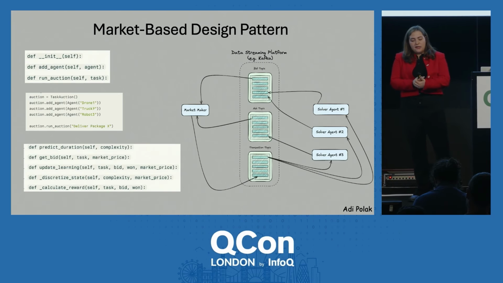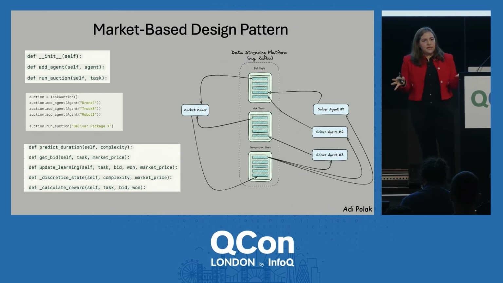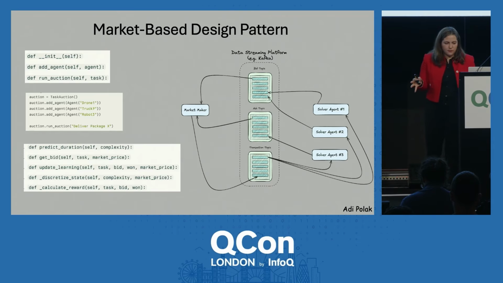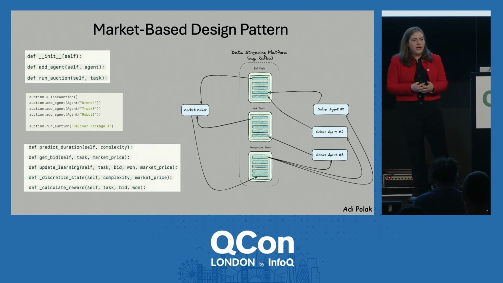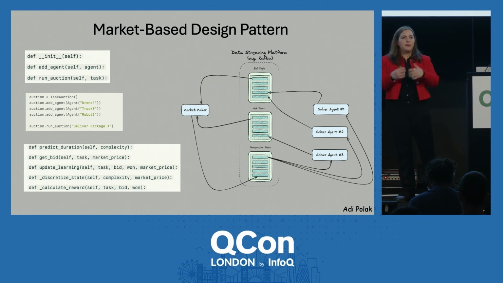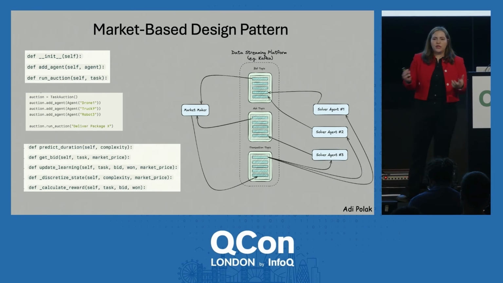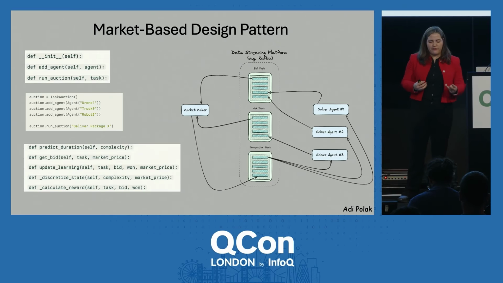Another pattern is the market-based design pattern. Market-based design pattern is essentially a decentralized approach, like most of our agents, but more in a marketplace-like environment. So let's say we're bidding on who's going to take this shipping to the customer. Let's say I'm building an e-commerce and I'm doing shipping, and I have 3 different capabilities of shipping a specific product.